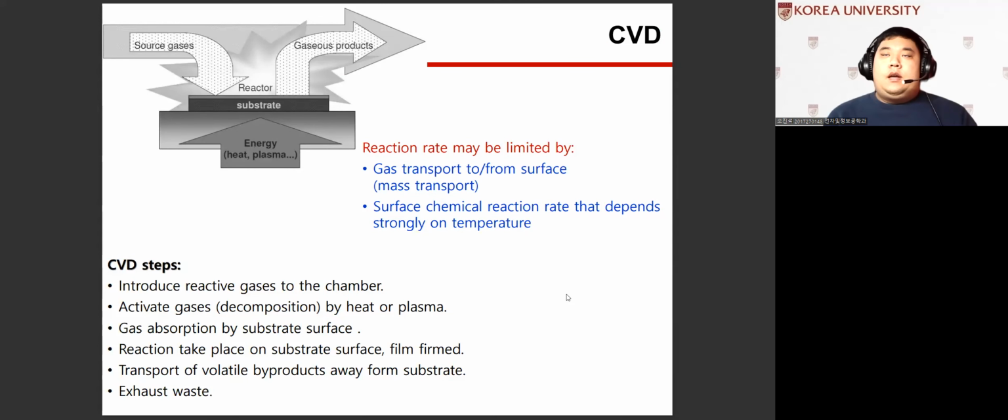Let's move on to chemical vapor deposition. Just like the etching process, the chemical vapor deposition consists of three steps. First, we introduce the gas.